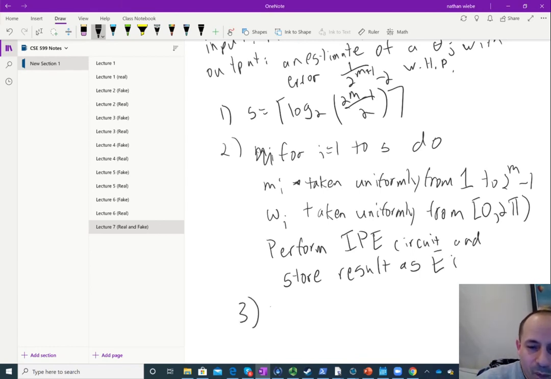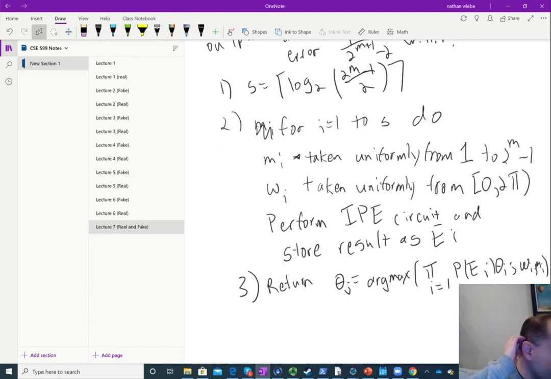Then 3, compute theta: return theta sub j equals argmax of just the product over i of each of the likelihoods. Okay, and that's it.